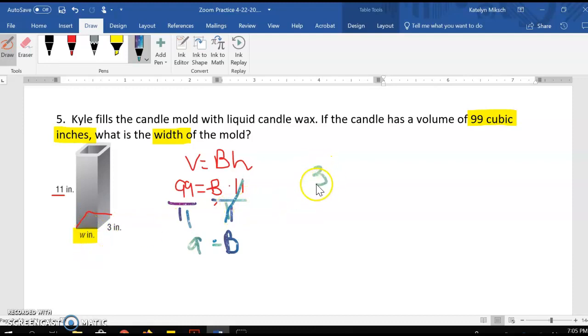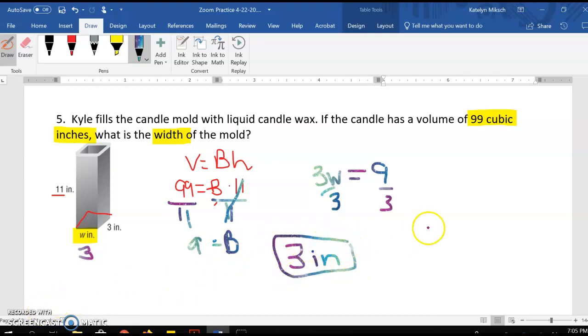So we would do 3 times W to get the area of that rectangle, which we just figured out is going to be 9. So we actually have a square base because if we divide by 3, our width, 9 divided by 3 is 3, so this piece is 3 as well. So the answer here would be 3 inches.